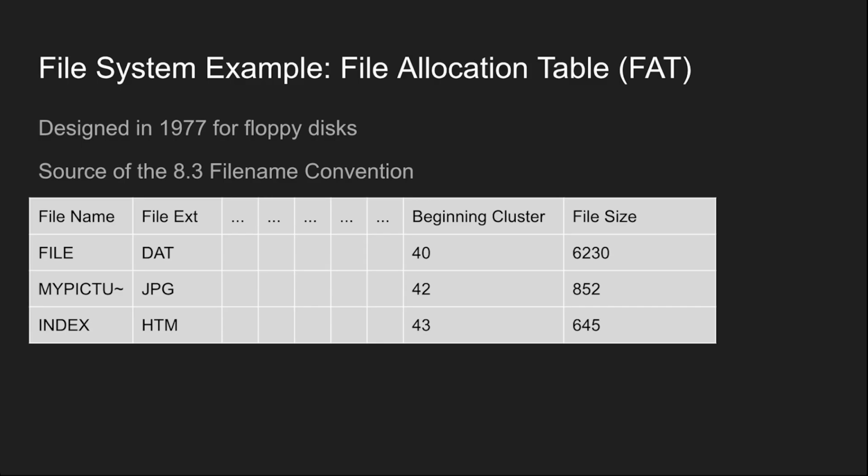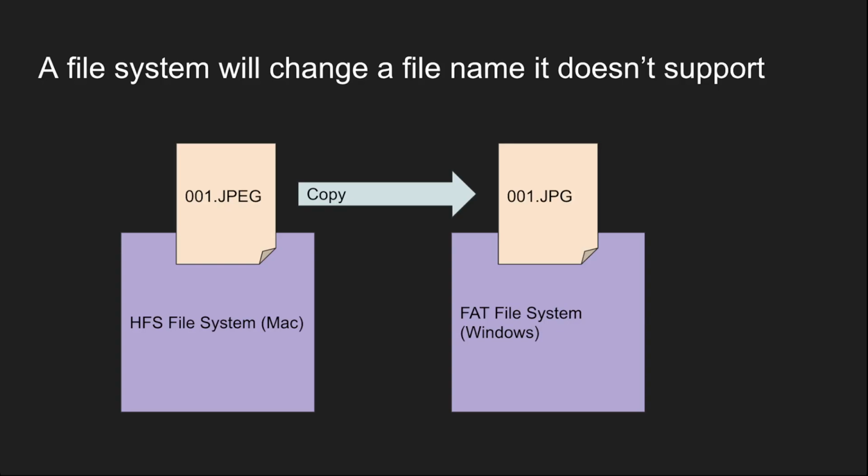Now, other file systems didn't have this limitation, so you would run into situations where, say, you're working on a Mac and you create a JPEG and you call it something like 0001.jpeg, and then you copy it over to a Windows system that's running a FAT file system, and it would be changed to 0001.jpg.